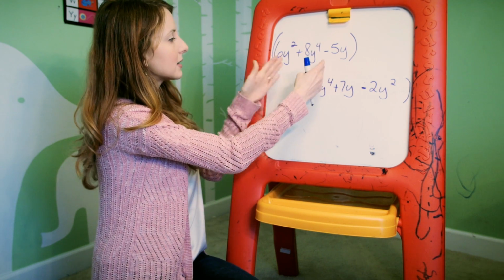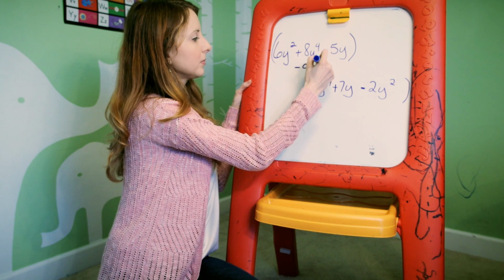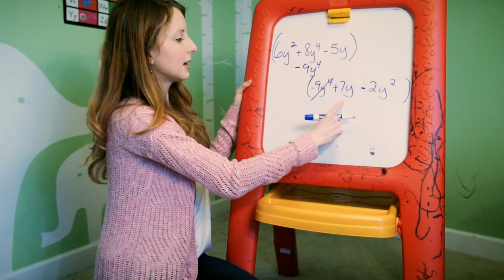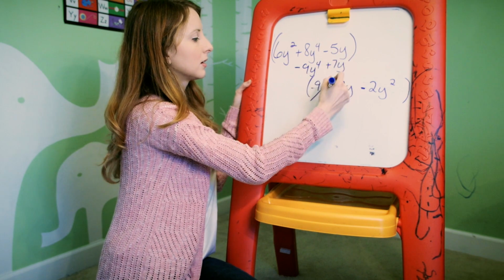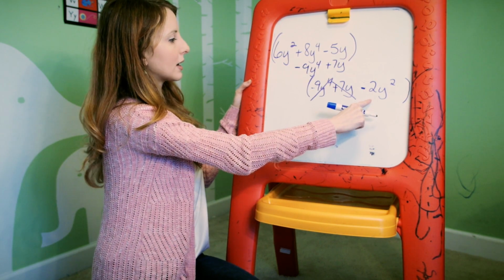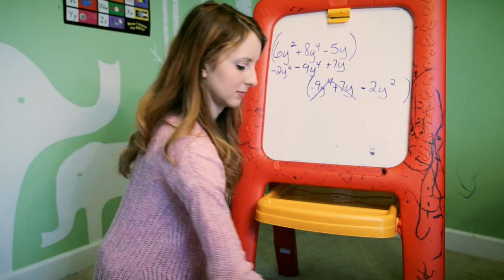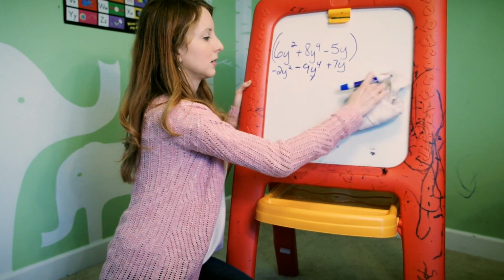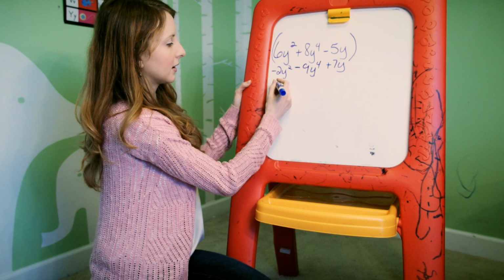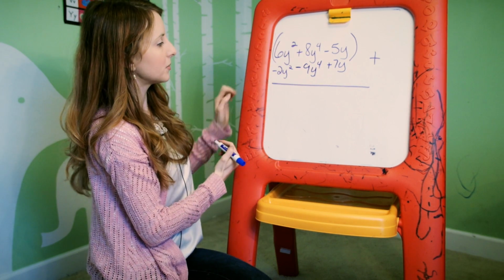Well, it would be alike to this middle term, so I'm going to write it right here and then cross it out. 7y would be alike to this term, and negative 2y squared would go right here. And now we can get rid of this and add them together.